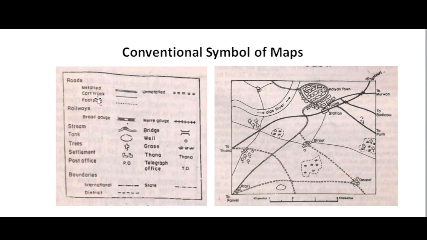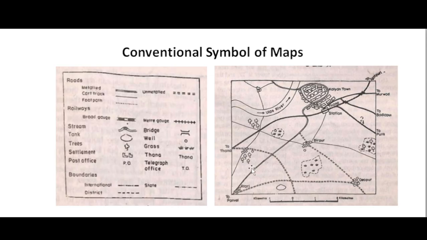So this is the meteorite, car track, footpath, this is the railway, metalled road, etc. Then post office, PO, boundaries.